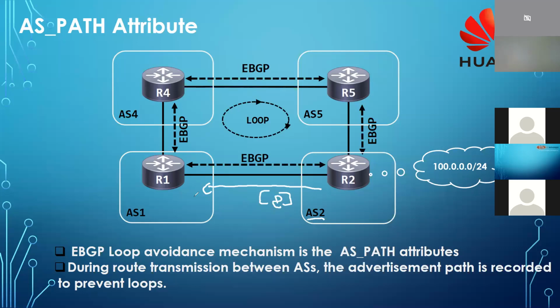When the route leaves AS1 and goes to AS4, R1 will add its AS, and we read it from right to left.